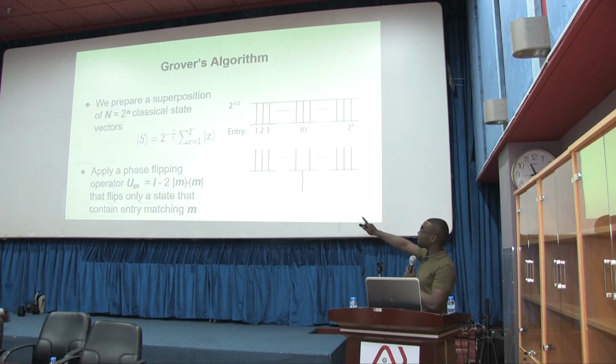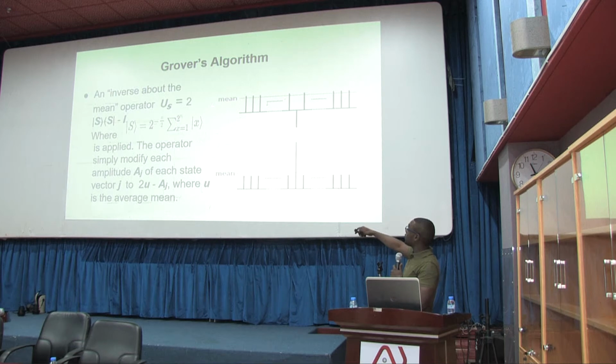And then we apply one of these operators we showed you, called the phase flipping operator. So it flips the only address that corresponds to our query. It flips the phase, which means the probability becomes a value with a minus sign. And after that, all we do is use another operation called the inversion about the mean.